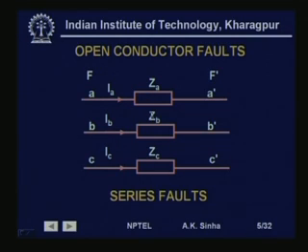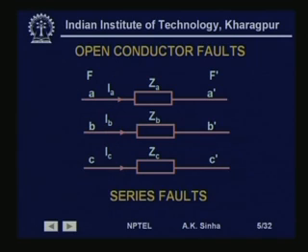These impedances can be the line impedances themselves, and the points F and F dash can be the two bus bars, or any two points where the line gets broken or there is an open circuit in any equipment. Here, as we have shown, phase A is carrying current IA, phase B is carrying current IB and phase C is carrying current IC. The impedances ZA, ZB, ZC are not the same, and thereby the currents will also not be the same. That means we have an unsymmetrical operating condition here.